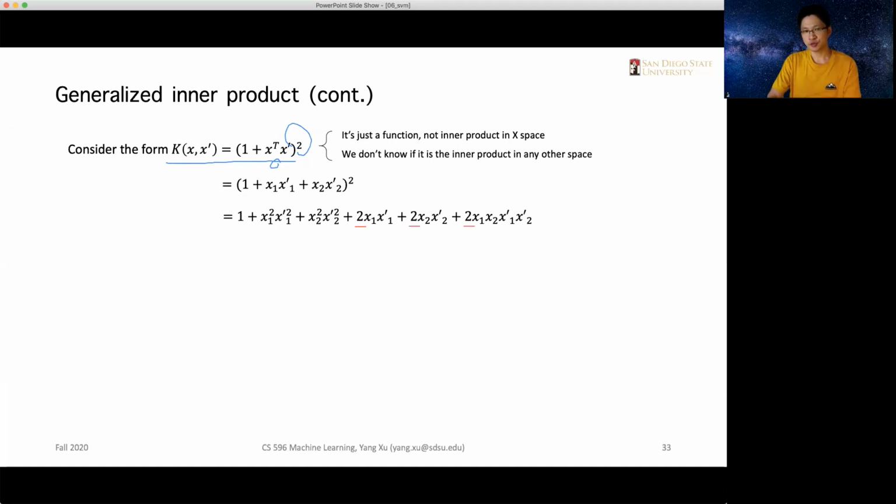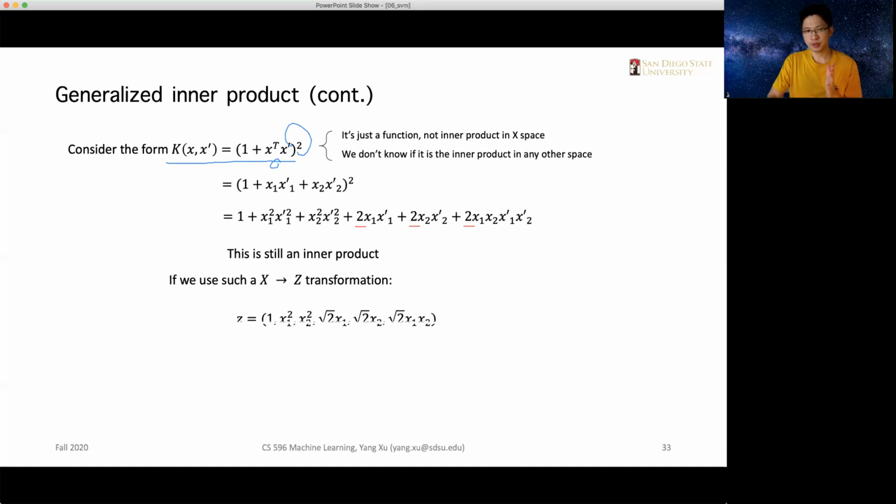We have the 2's here, which shows us it is still an inner product, because if we do such an X to Z transformation, X is transformed to this form with square root of 2 as a coefficient, and X prime is transformed to Z prime also with square root of 2 as a coefficient.